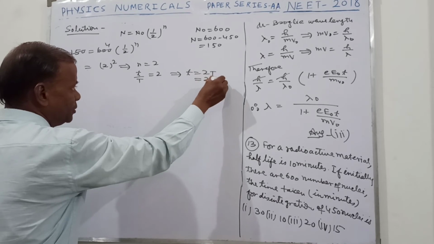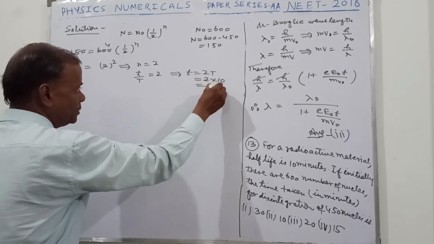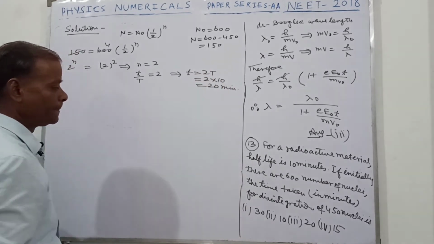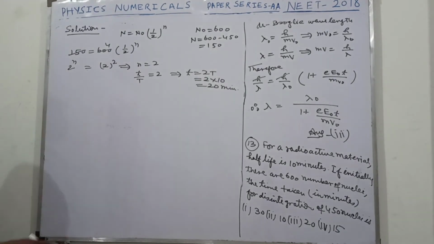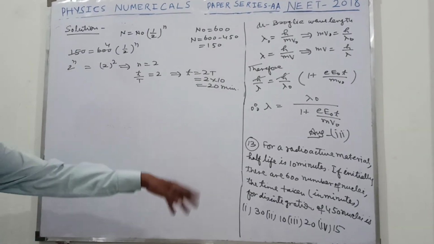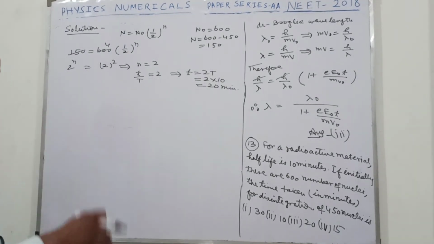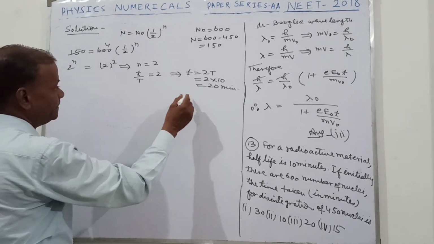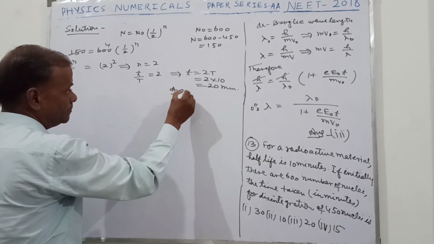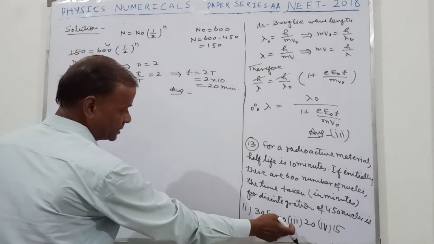So 2 into 10, this is now 20 minutes. So you can solve this by the formula also, or you can do it orally. So our option is 20 minutes, the third one.